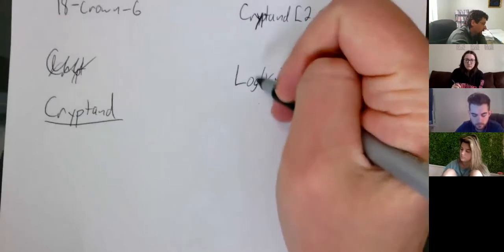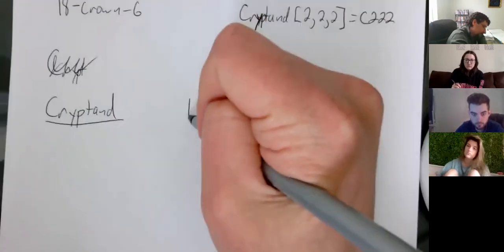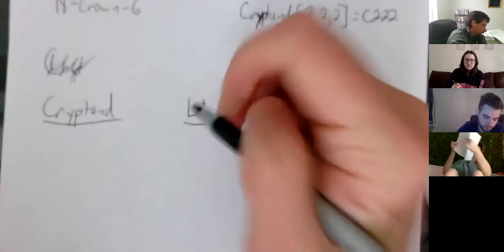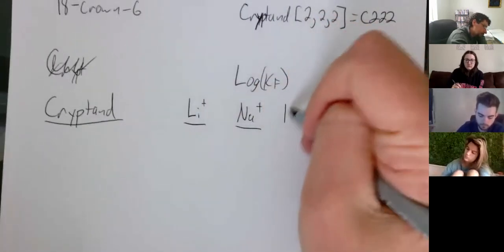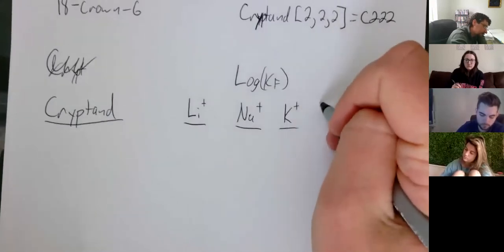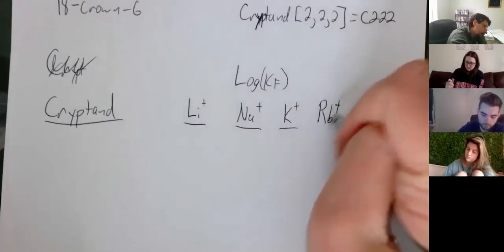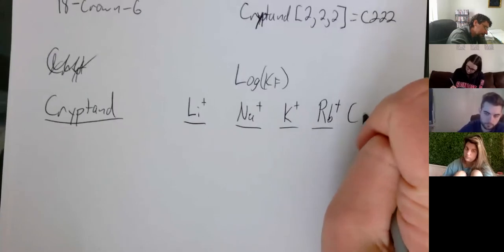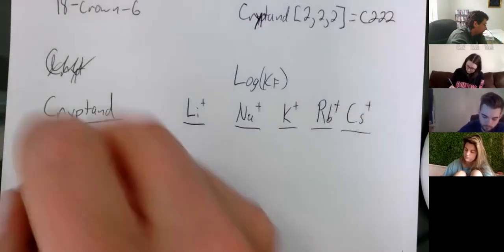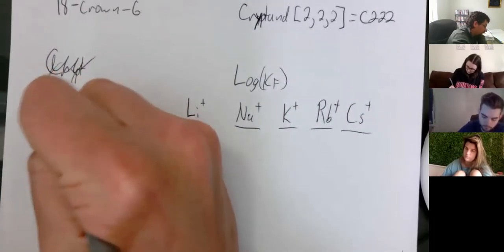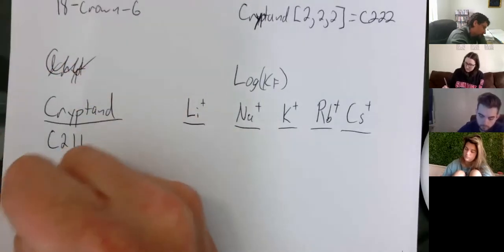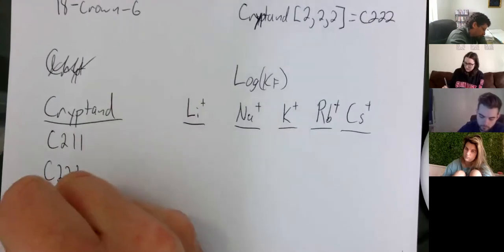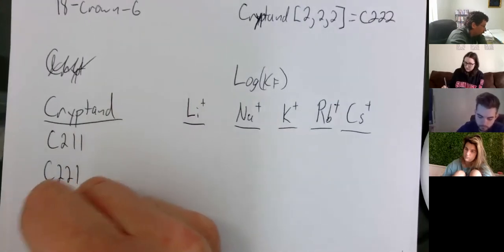So these are formation constants. With lithium plus, sodium plus, potassium plus, rubidium plus, and cesium plus. We've got C211, C221, C222, C322.